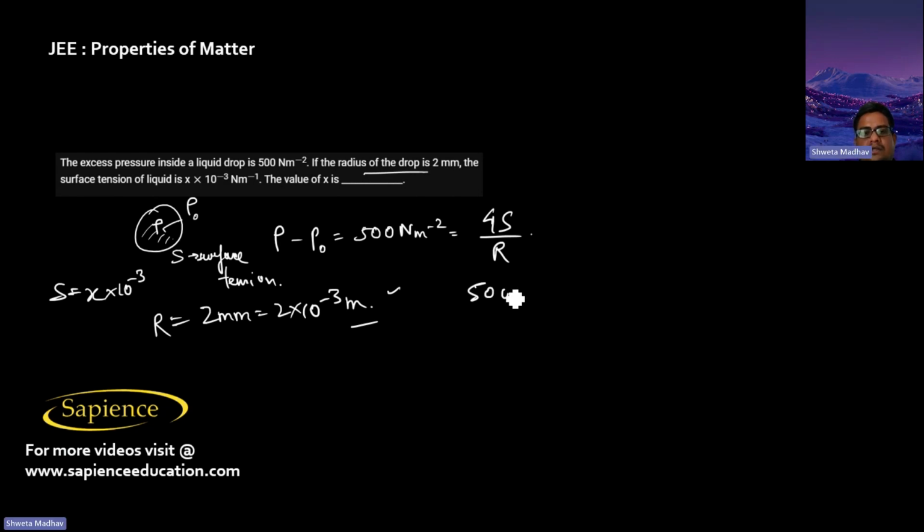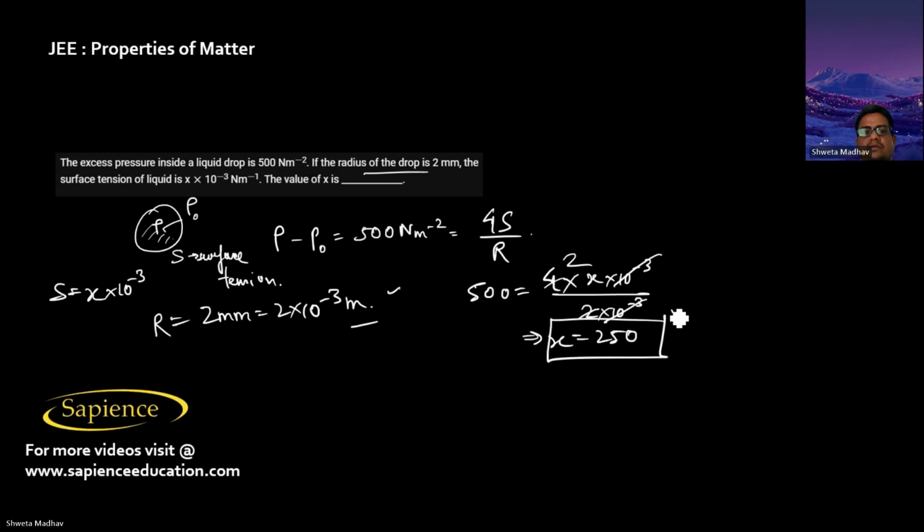So now 500 is equal to 4 into x into 10 power minus 3 by 2 into 10 power minus 3. So 10 power minus 3 will get cancelled, 2 to the 4. So now x will be equal to 250. So the value of x will be 250.